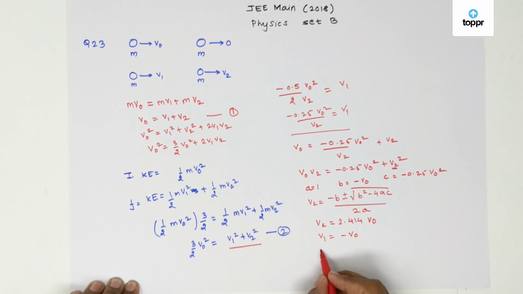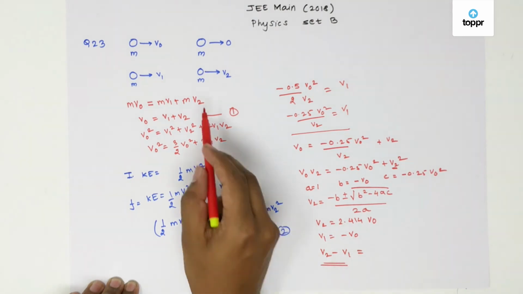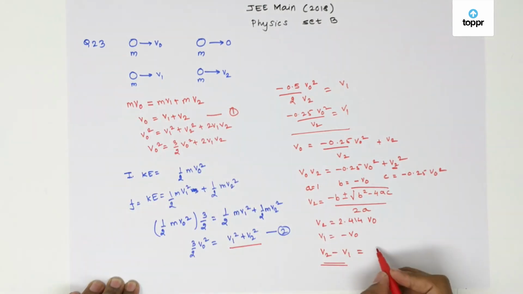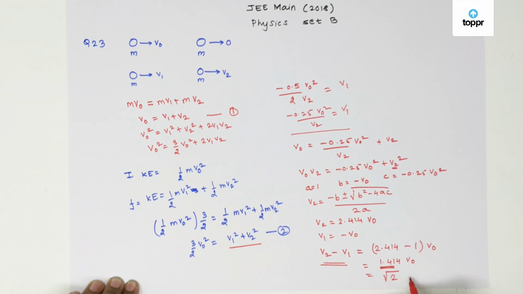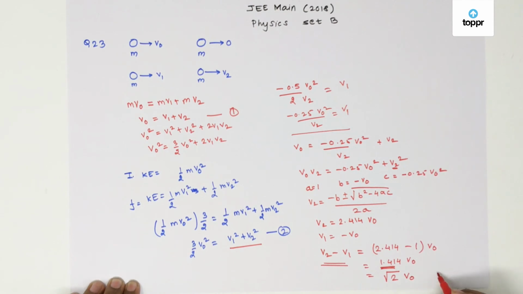Therefore, v2 minus v1, that is what we require, that is the relative velocity between the second and the first mass, would be equal to 2.414 minus 1 into v0, which is equal to 1.414 v0, and 1.414 is also root 2 v0. That is our final answer, and in the question paper, the option that it corresponds to is 4.